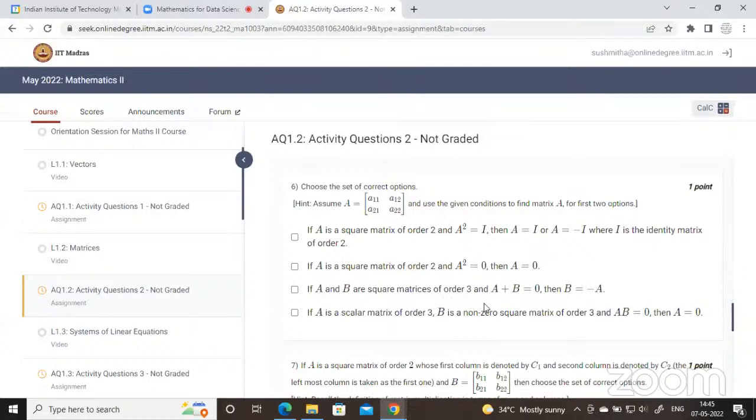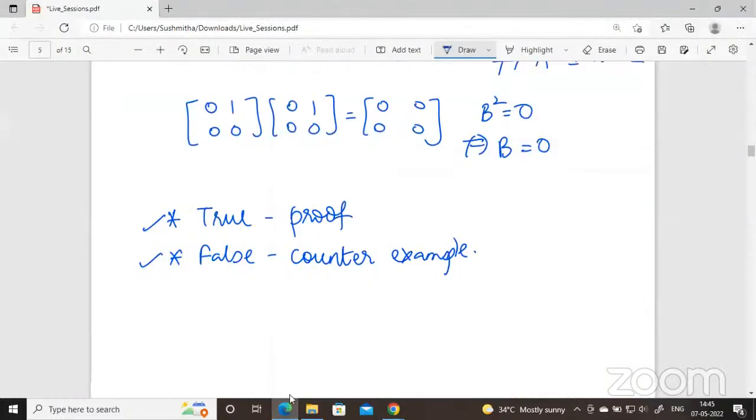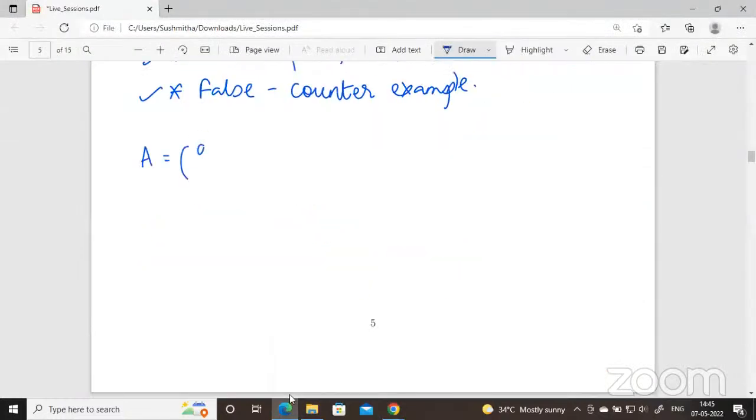True, ma'am. Yeah. So how will you say it is true? Can you take two matrices and then say that if I add them, I'm getting 0, so B is minus A? No, ma'am. We can choose a general matrix, we can assume A, B, C, D elements. Yeah. So you'll assume A, B, C, D, and then B is some E, F, G, H. What is given is A plus B is 0.